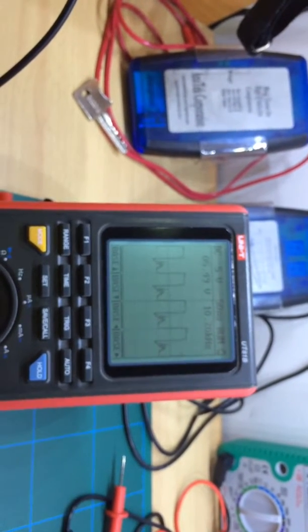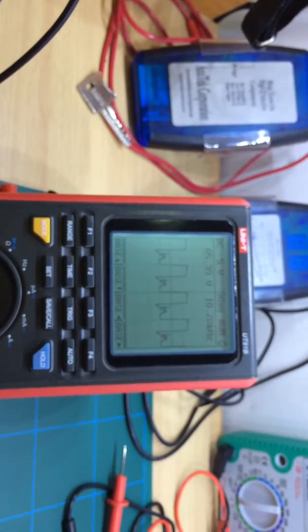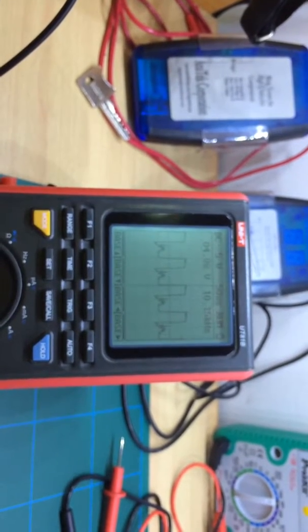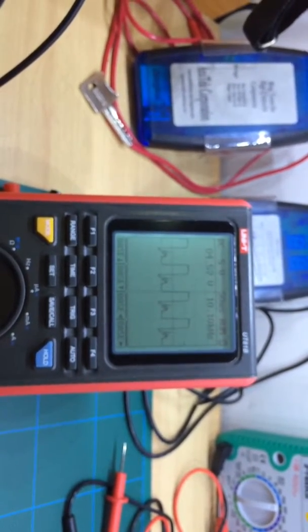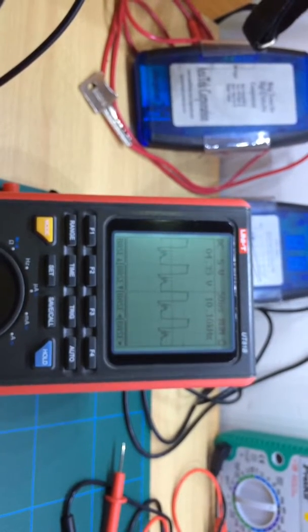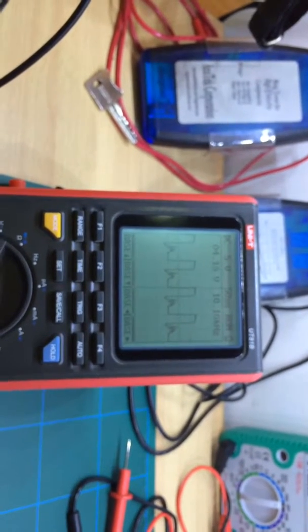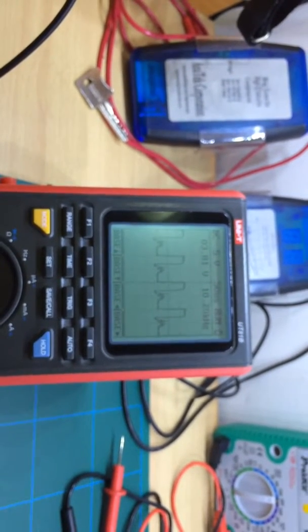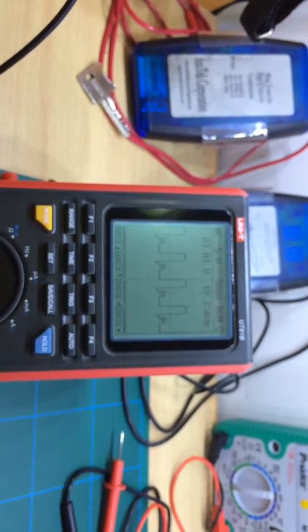Approximately I want to check with 3 volt. Approximately 3 volt.